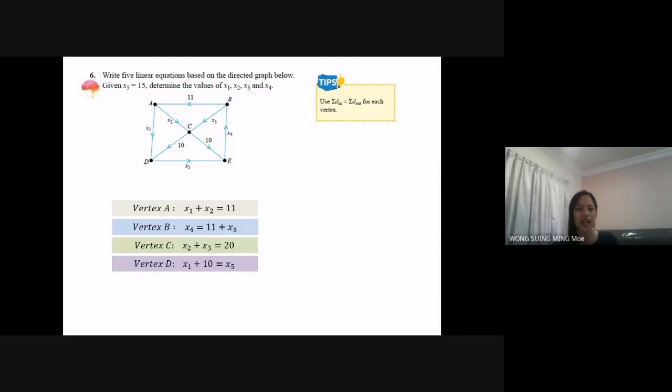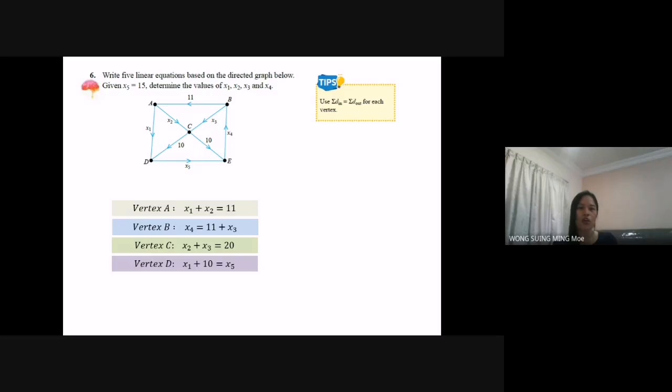Okay, now the last vertex is vertex E. One more, Shakil. Tell me, what is your answer? Tell me the linear equation for vertex E. You look at E here.